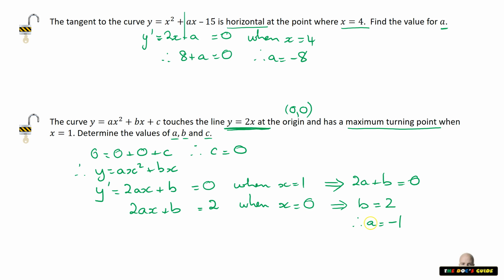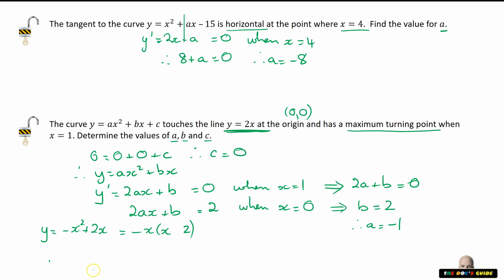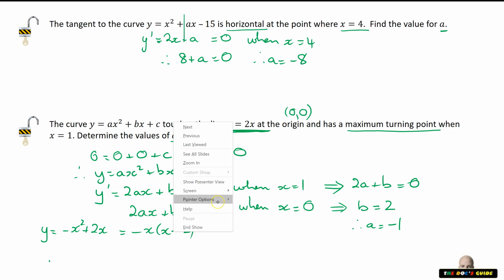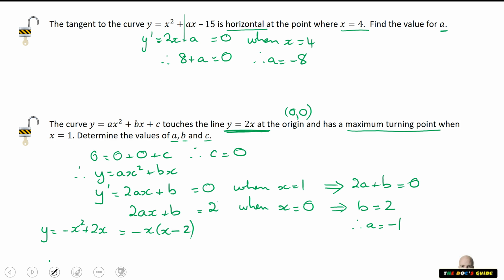As always, it's probably good, if you can, to do a check rather than accept this on blind faith. So if our curve is in fact -x squared plus 2x plus c, which is 0, then that will become -x outside of x minus 2. So just be careful about our double negatives.